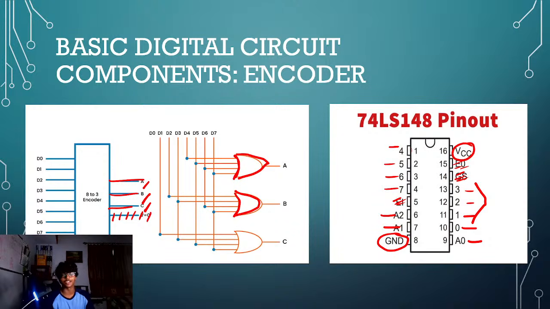Now, an IC is not magic. So when you're giving a 5 volt, it doesn't really know what a 5 volt is. All it does is it takes in some voltage and it redistributes it among the given pins. It can't really generate voltage out of nowhere. So what you do is that you set the ground at 0 volt, and you set the VCC at 5 volt.